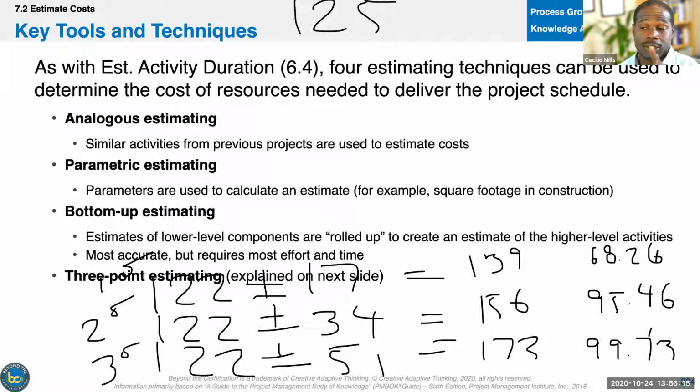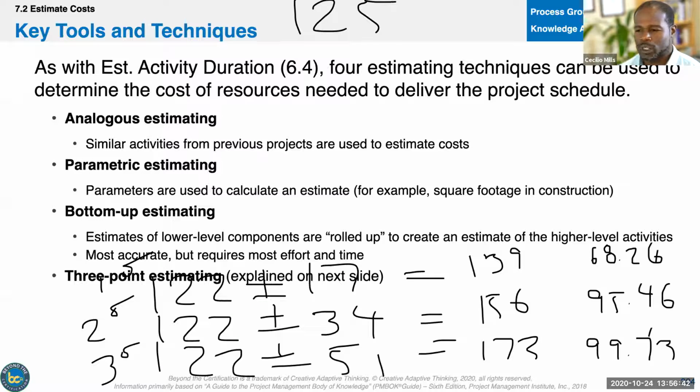Because now if you go back to your client, your subject matter experts, whoever they may be, we used a 3-point estimate where we took a pessimistic, optimistic, most likely number. We placed more weight to the most likely number, but then using standard deviations, we have a 68.26% level of confidence, a 95% level of confidence, and a 99% level of confidence. And they're represented by these three numbers.